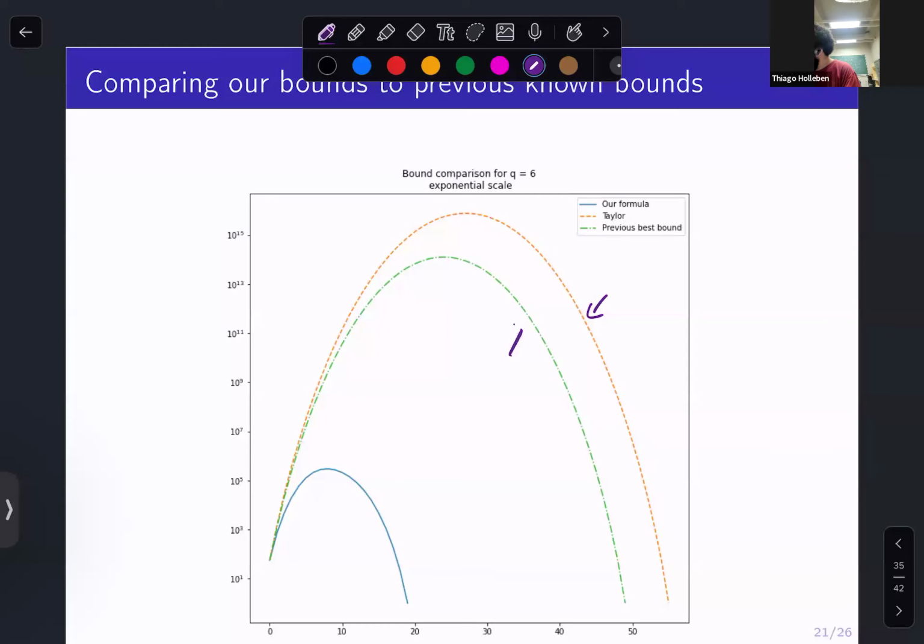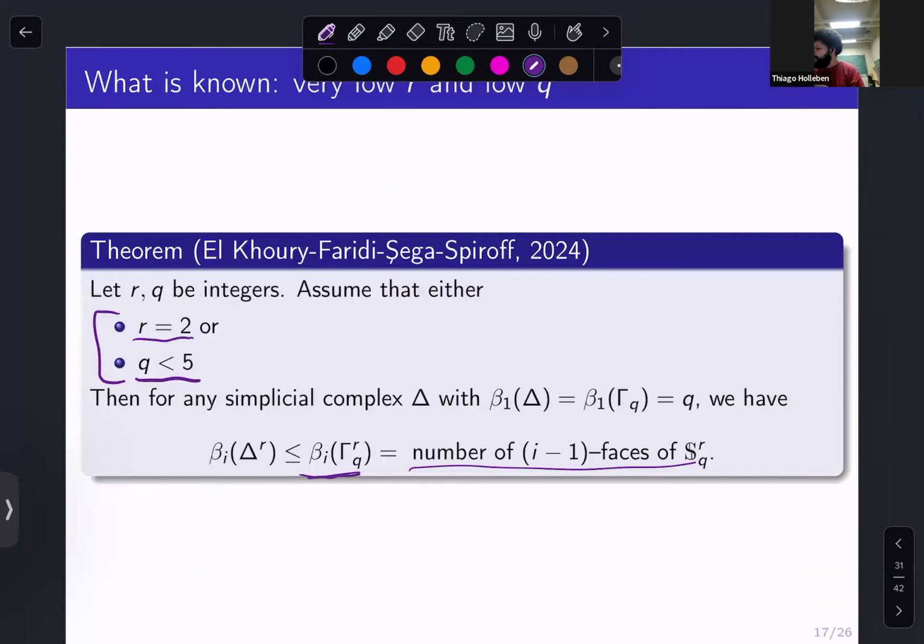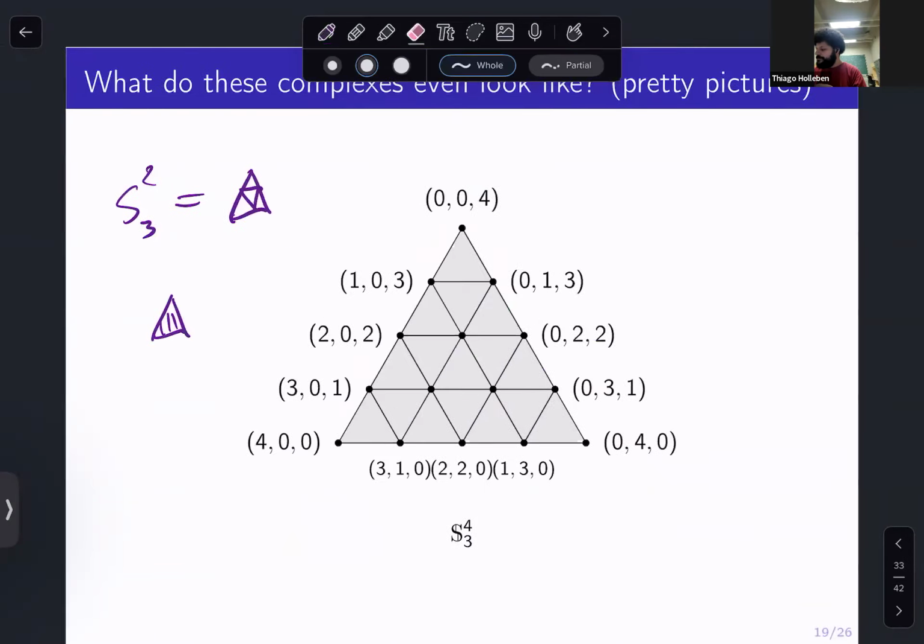This green one is the one that people get from the work of this other group that started looking at this in a more systematic way: El-Khoury, Faridi, Şega, and Spirov.